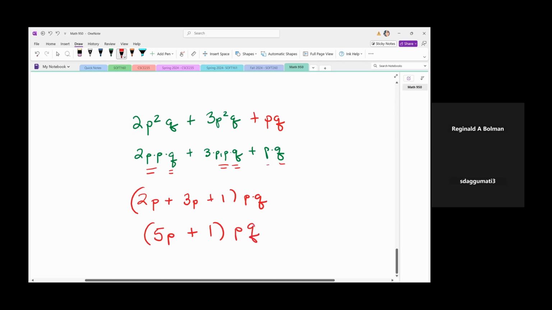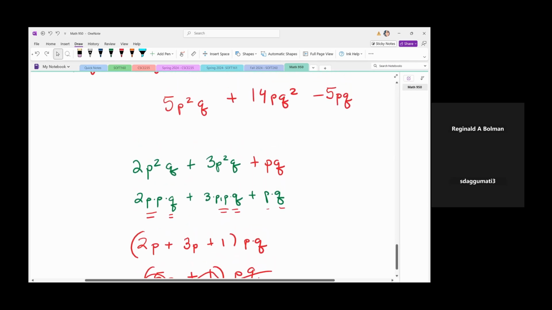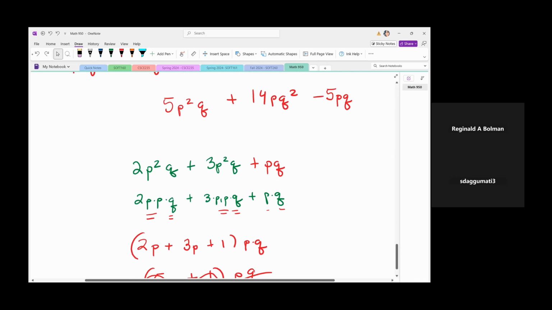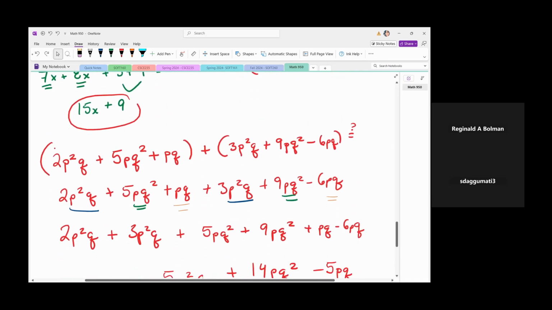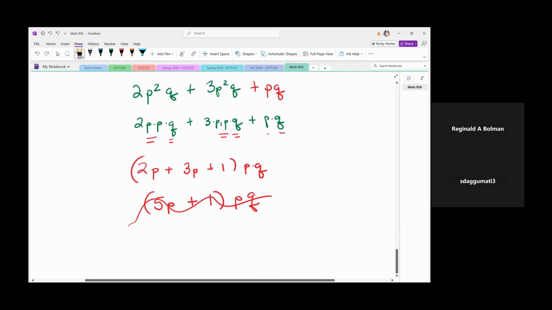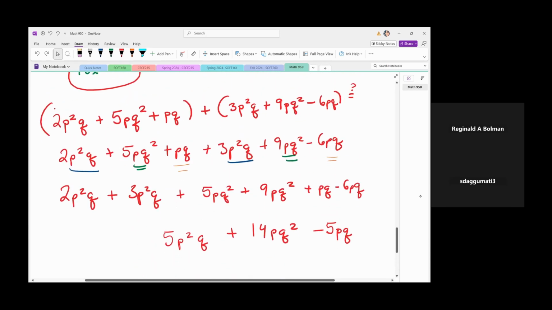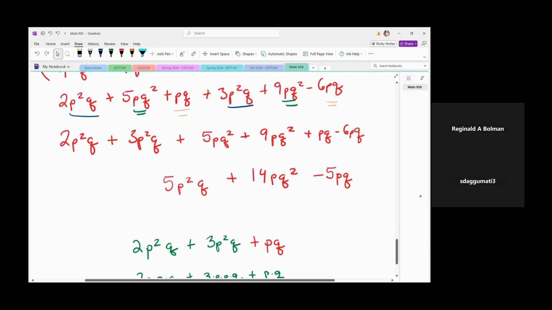And you can't add 5p with 1 together. So this is all you can do if you were to try to add that pq with 2p squared q. I hope that's sufficient to demonstrate that you cannot, in fact, add those terms together. Like terms can be added with like, but if you've got different exponents on the variables, you may not add them together.